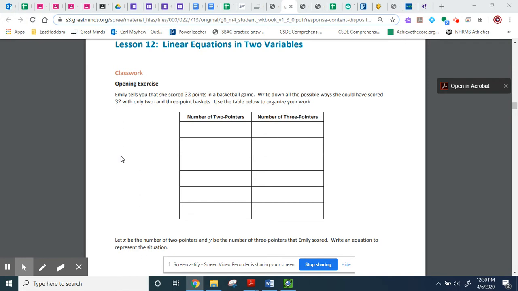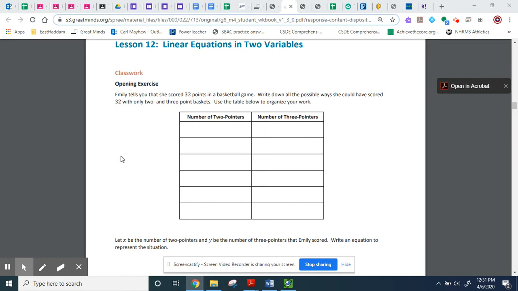She can't make just one three-pointer, because if she makes a three-pointer, that'll give her 3 points. She ends with an even number. So if she only makes 2-pointers after that, then that means that she would end with an odd number total. For example, if she scored a 3-pointer and 2 2-pointers, that would give her 7 points.